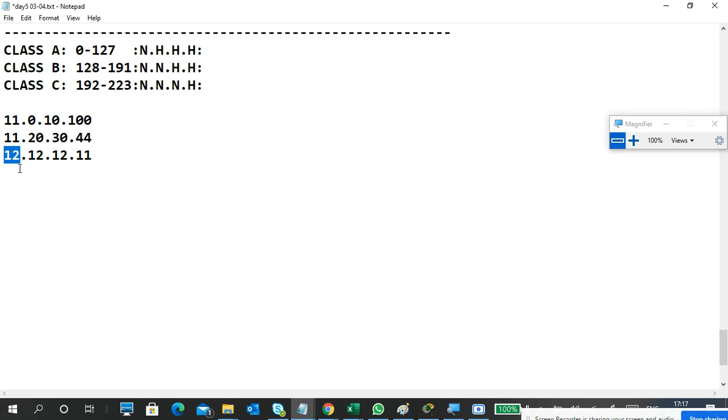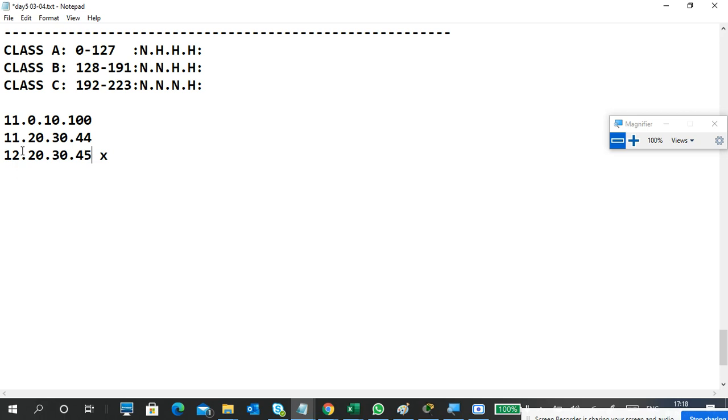Here, if you see, the network portion is different. It means these two won't communicate. Even if I change it like this, even though the host portion is the same, if the network portion is different, it won't communicate.